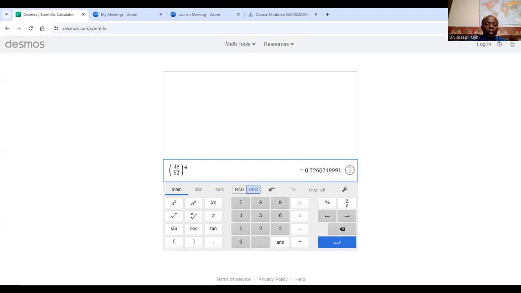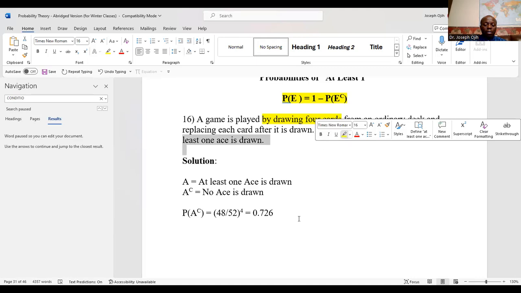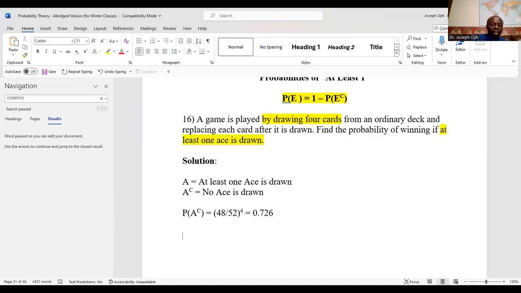So this is the probability of the opposite event, that means no ace is drawn. But we are looking for the probability that at least 1 ace is drawn.